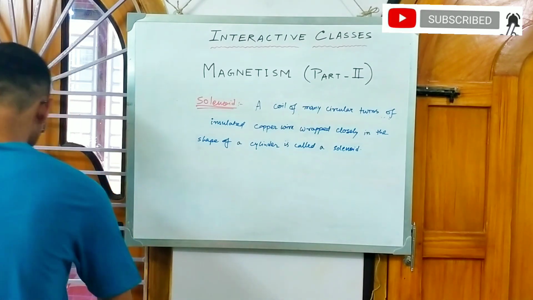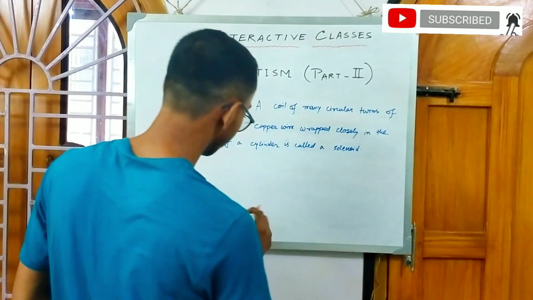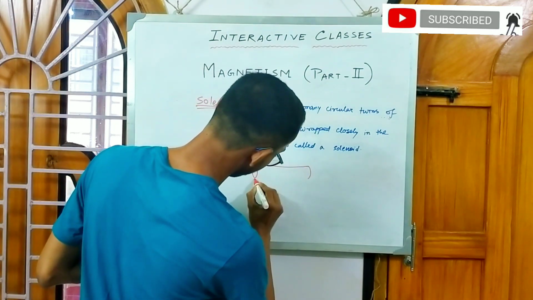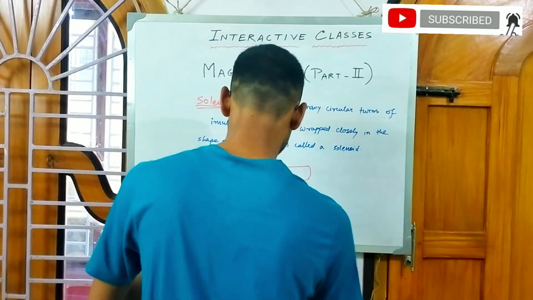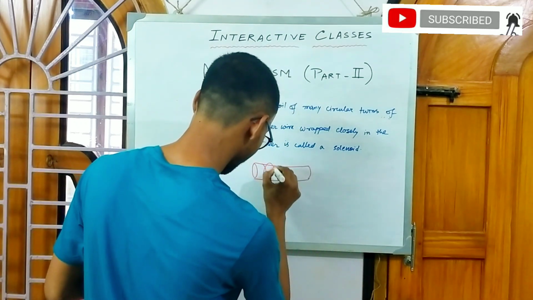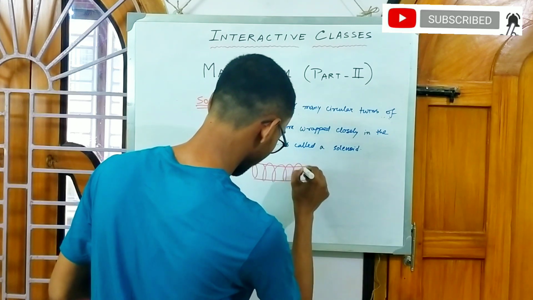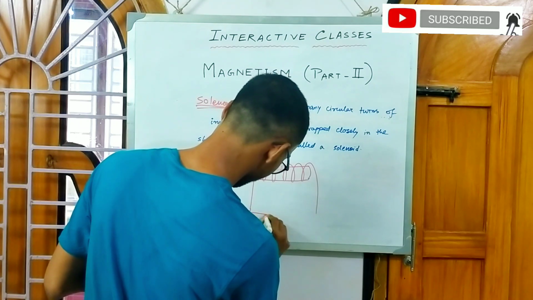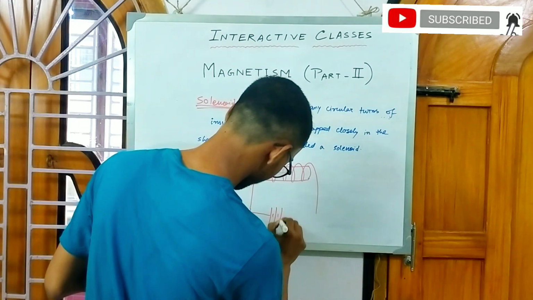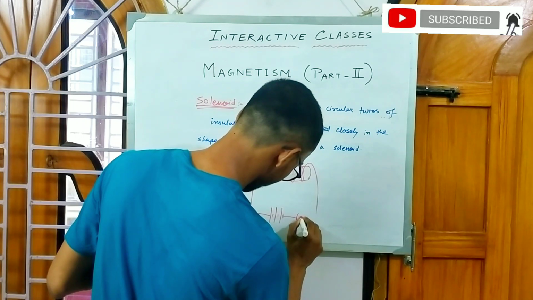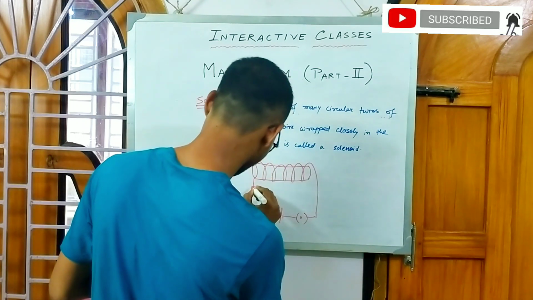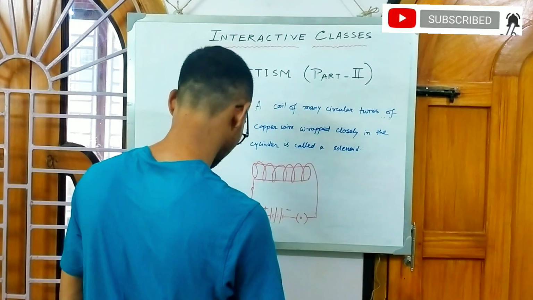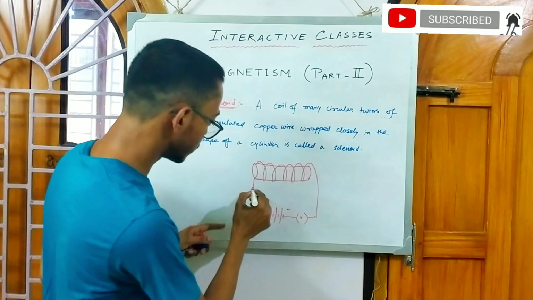So how does a solenoid look? A solenoid looks like this. This is the direction of the current flow.